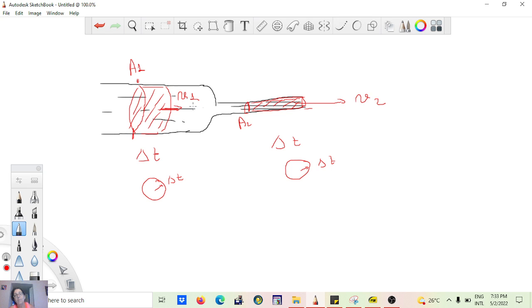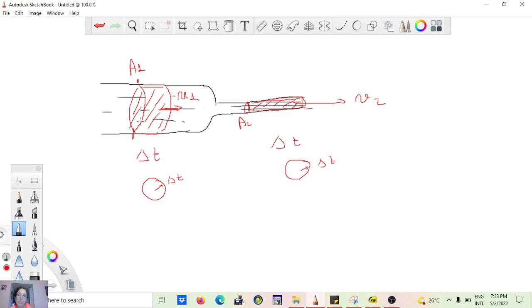Does it make sense? So if you are standing here, looking at the amount of fluid going through that cross section, it's going to be the same amount of fluid going through the cross section A1 as long as the time is the same.